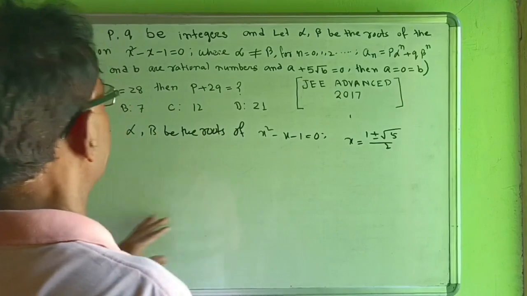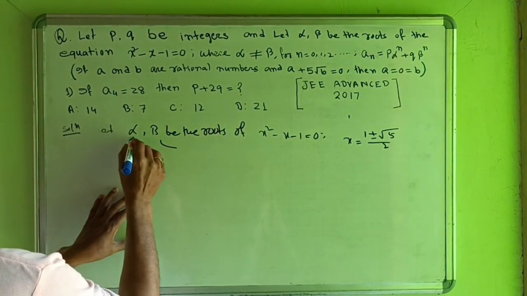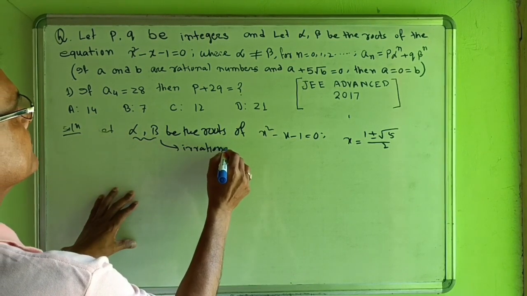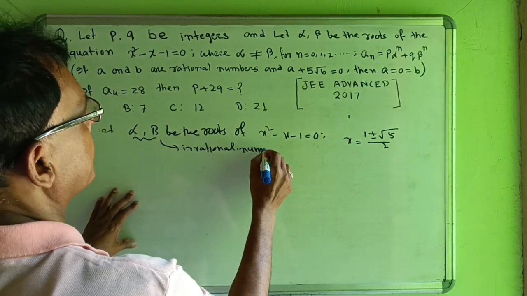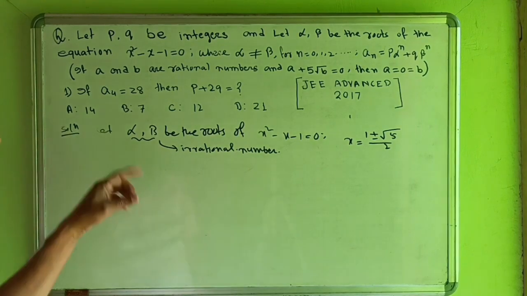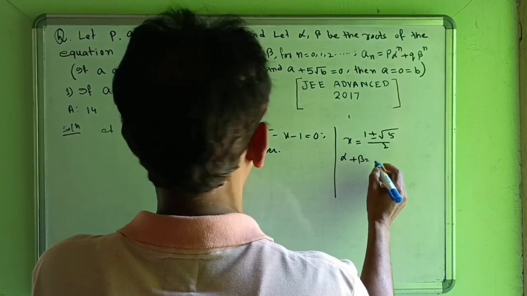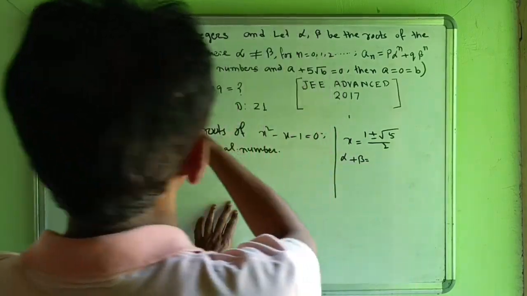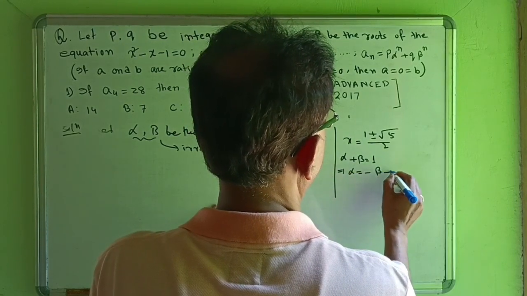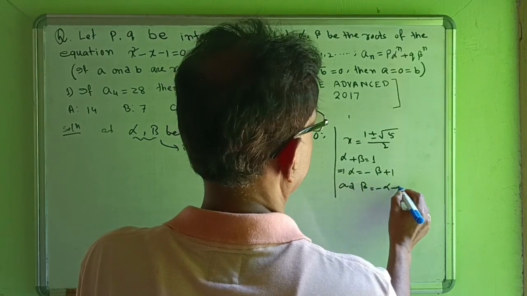So alpha and beta are irrational numbers. Also, alpha plus beta is equal to minus b by a, that is 1. This implies alpha is equal to minus beta plus 1 and beta is equal to minus alpha plus 1.